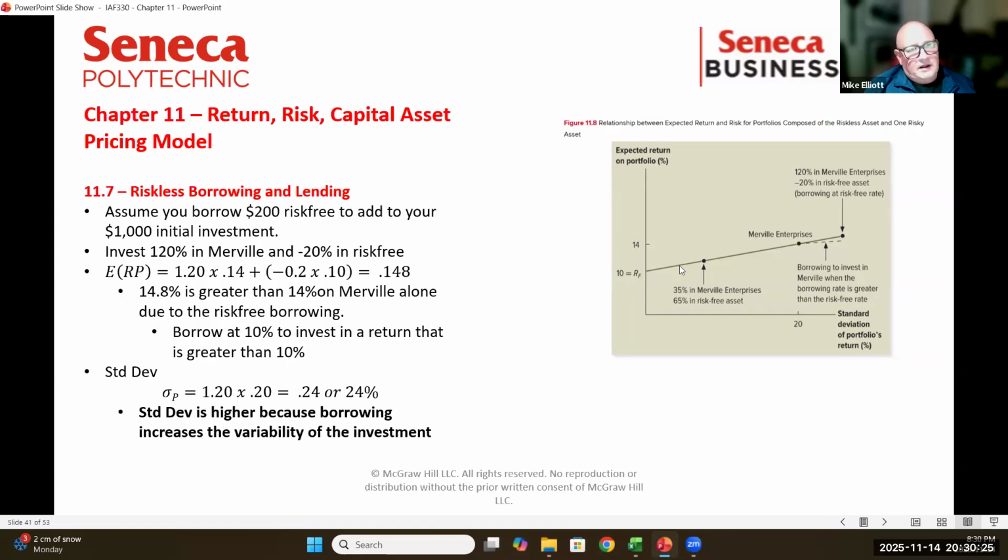However, we're just extending the line further because our standard deviation now is 120% of 20%, or 24%. Borrowing anything increases the variability of the investment, even if it's risk-free.